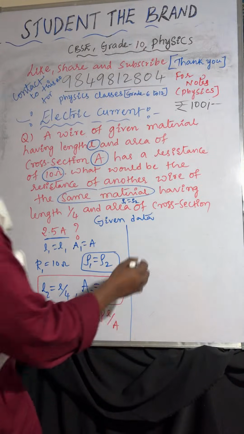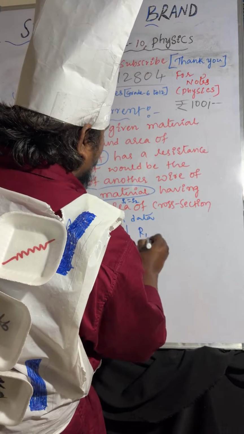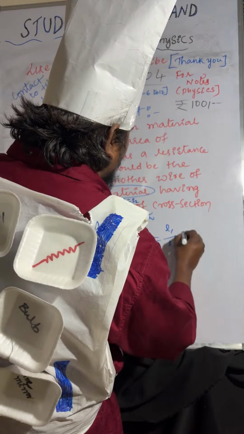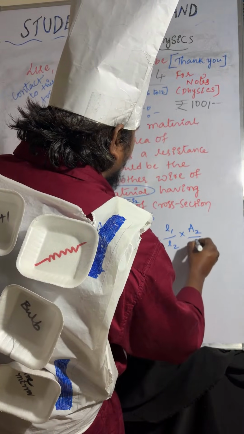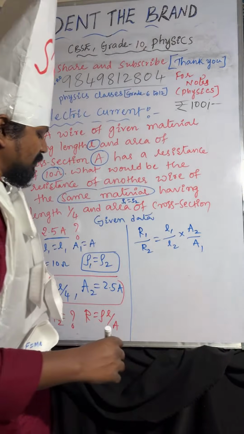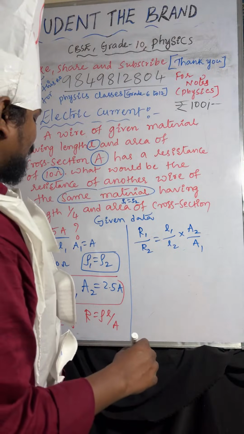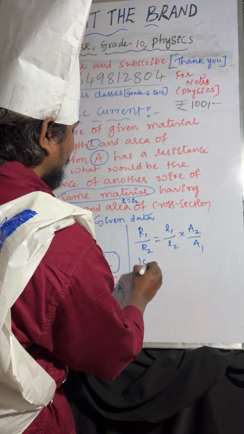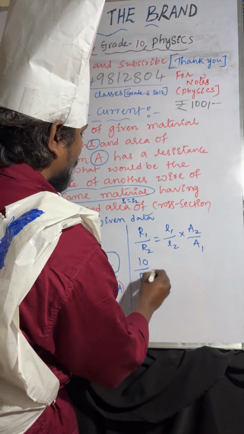In that case, we can write R1 by R2 equal to L1 by L2 into A2 by A1, because resistance is directly proportional to length and inversely proportional to area. Now R1 is 10, R2 we have to find out.